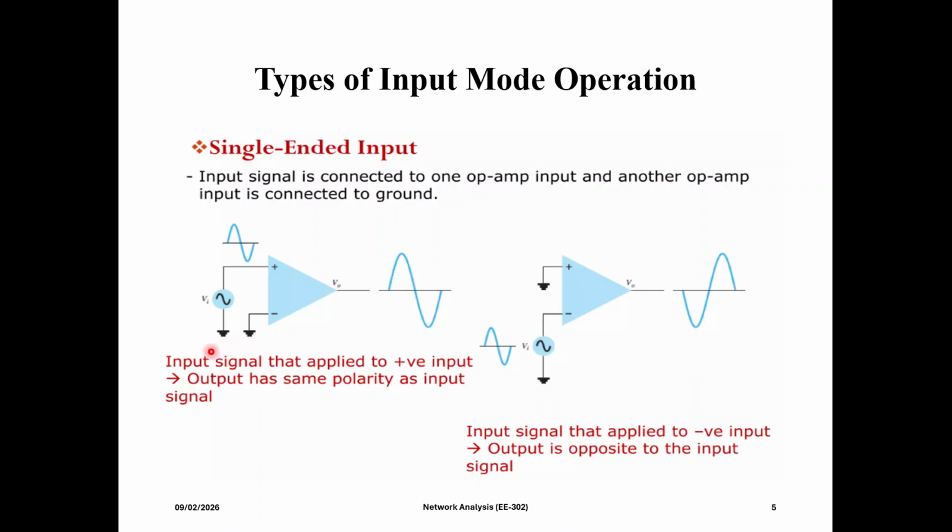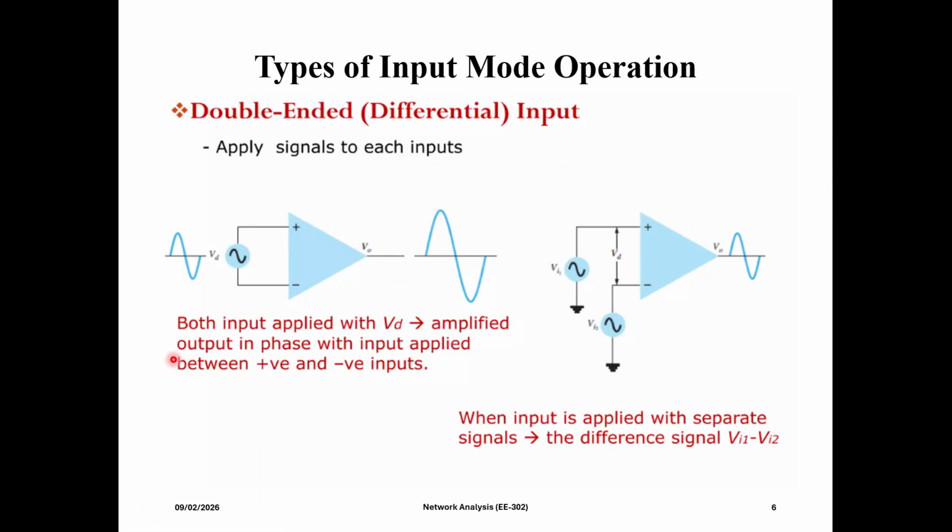Okay, if the signal goes to the positive input, the output will have the same polarity as the input, and if it goes to the negative terminal and the positive terminal is grounded, then the output will be opposite to the input signal. So in single-ended mode, the operational amplifier acts either as a follower or an inverter, depending on which input you use.